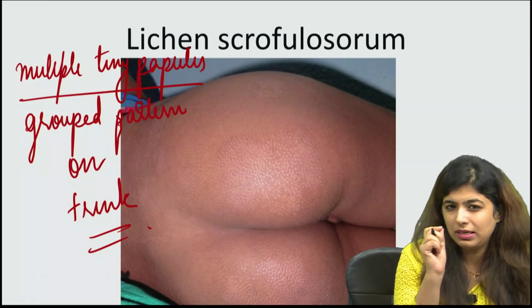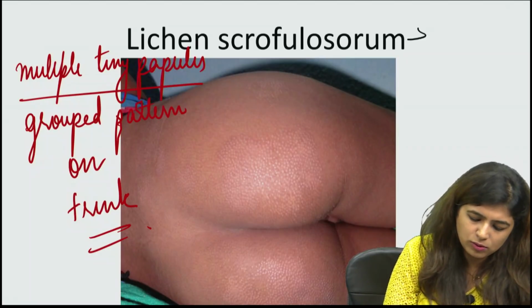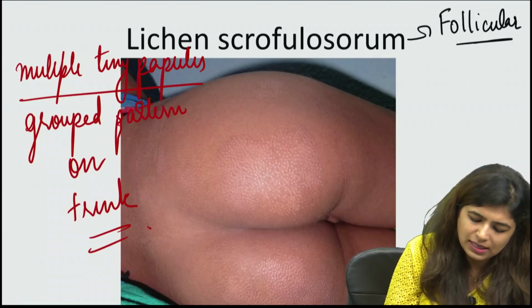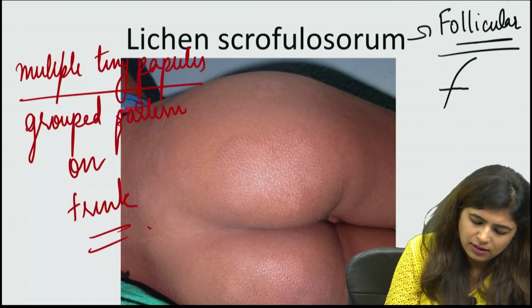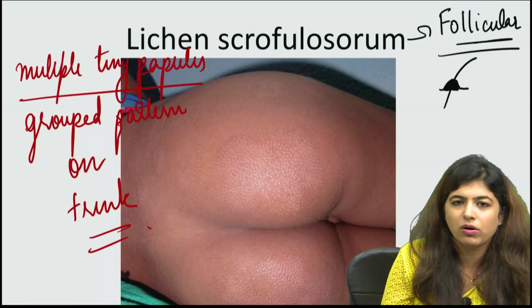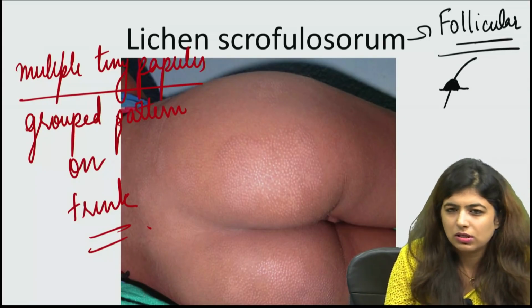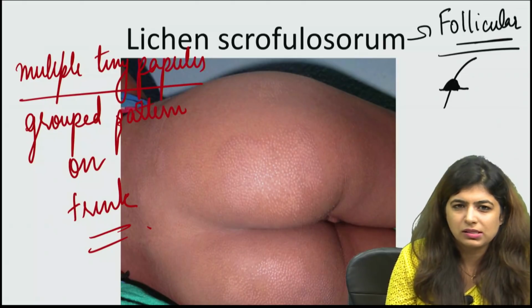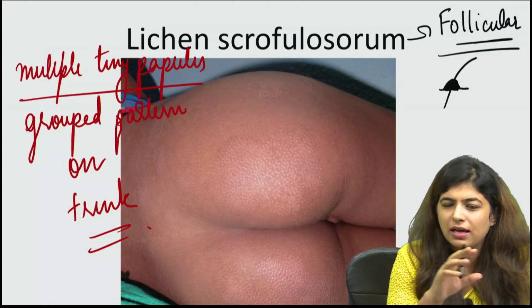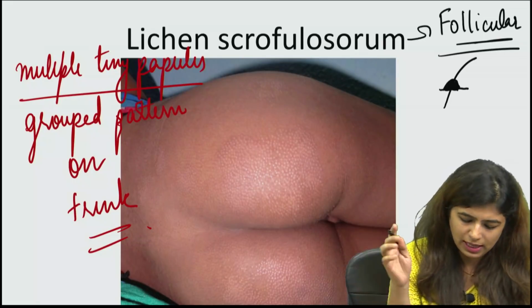Now I'll tell you a tiny bit of difference. In lichen scrofulosorum, these lesions are follicular, means they are arising around the hair like this, while in lichen nitidus they are non-follicular. Such a close difference nobody is asking you. Just identify the image. Can you see the difference in the image here? There they were spread all over the elbow.